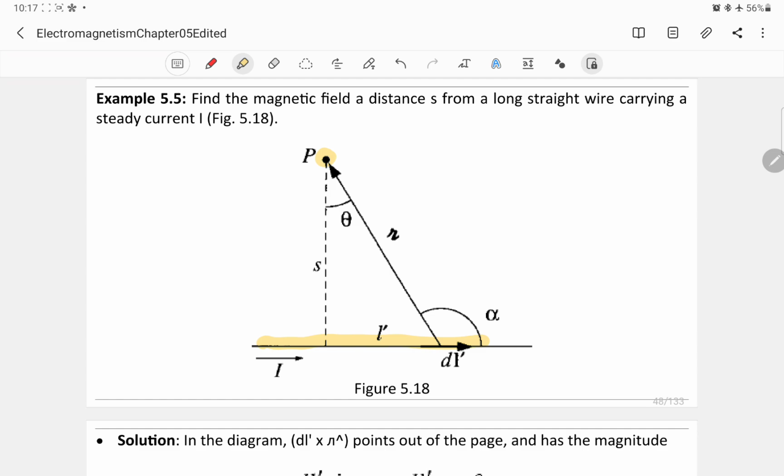Using your right hand, you put your thumb in the direction of the current, and then your magnetic field would be in the direction pointing towards yourself. That's why it's a dot here. The direction of the magnetic field into the page would be this one.